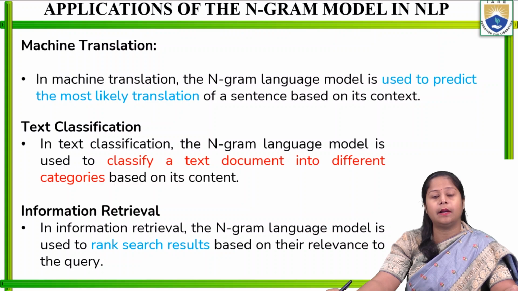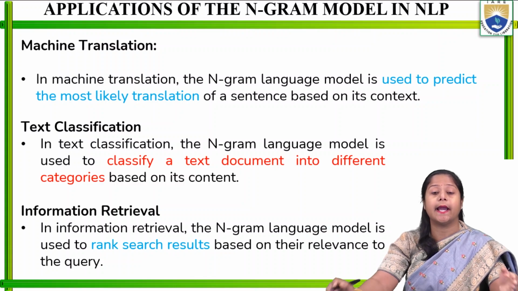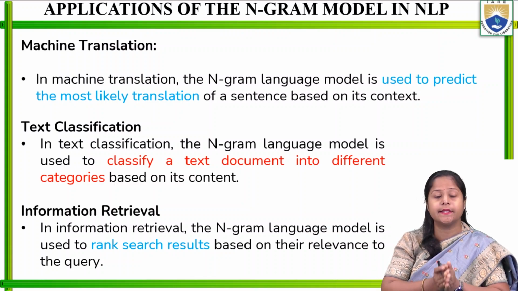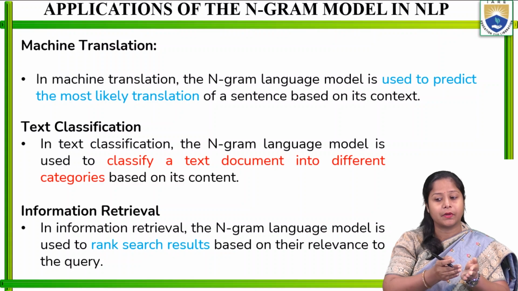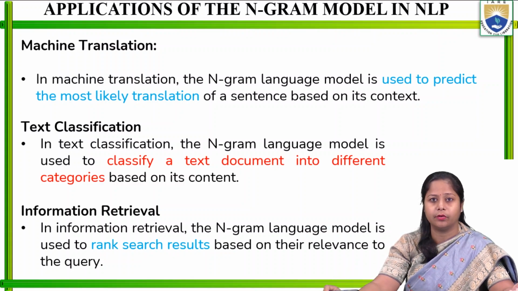The next application can be text classification. In text classification, the n-gram model is used to classify a text document into different categories. So that is going to identify the different categories, a genre, we can say a variety, from the particular document or number of documents, and then it is going to segregate that.